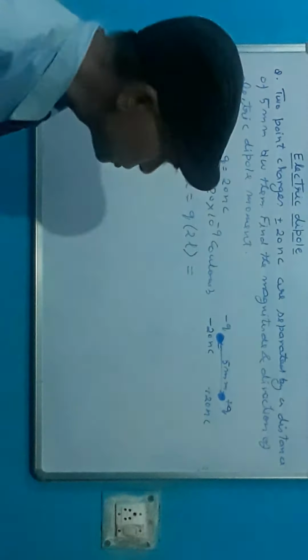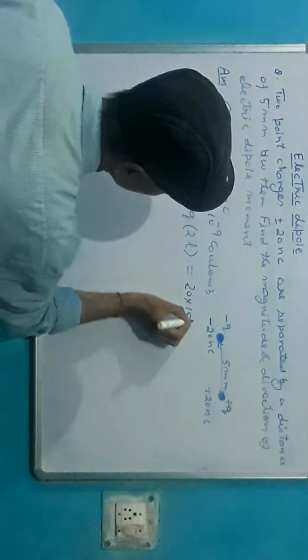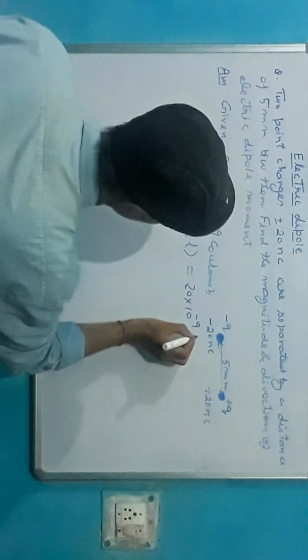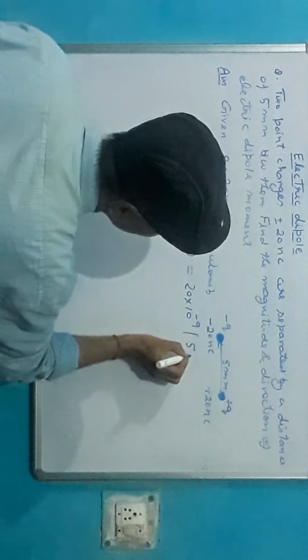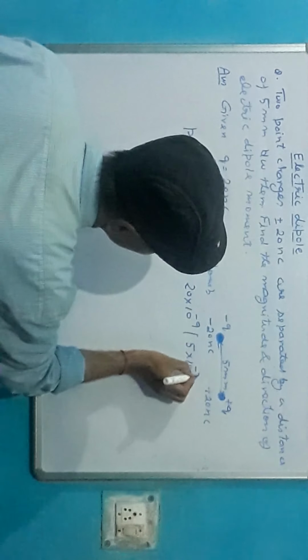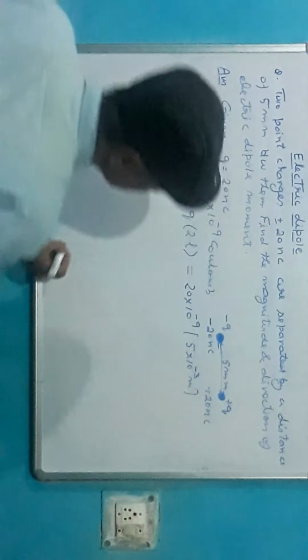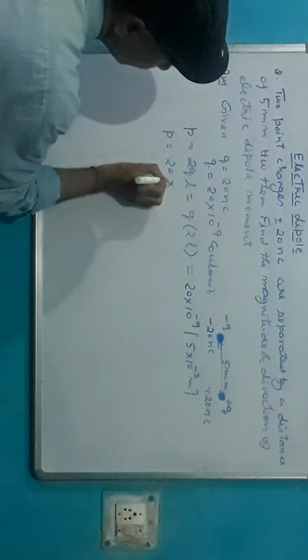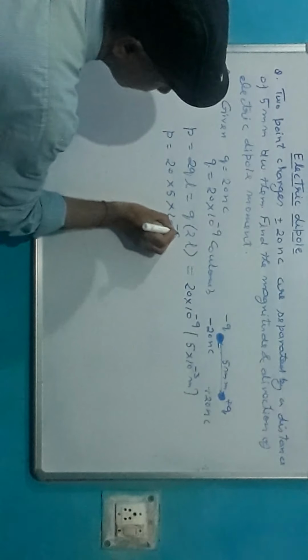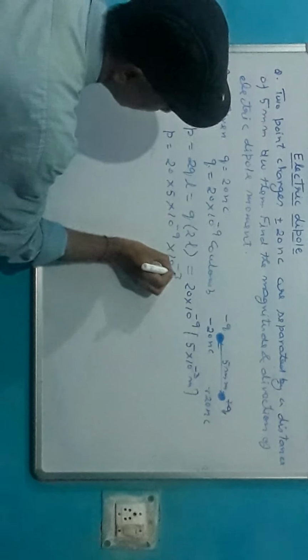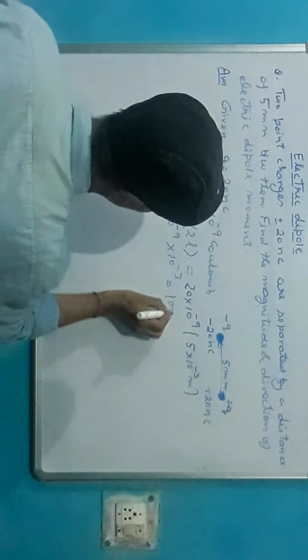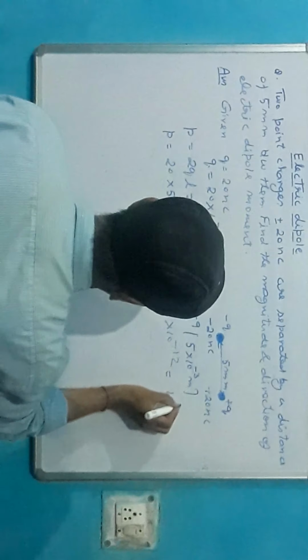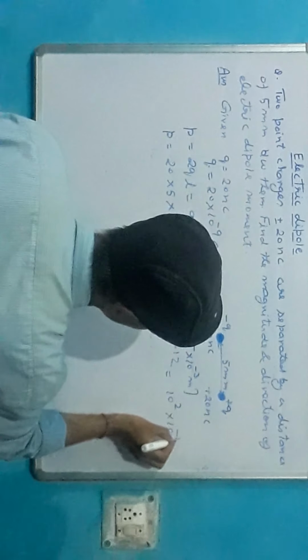I place the value of Q, 20 into 10 to the power minus 9 coulomb, and after that, this is in millimeter. Convert this millimeter into meter: 5 into 10 to the power minus 3 meter. I get 20 into 5 into 10 to the power minus 9 into 10 to the power minus 3. I will get 100 into 10 to the power minus 12, that is equal to 10 to the power 2 into 10 to the power minus 12.